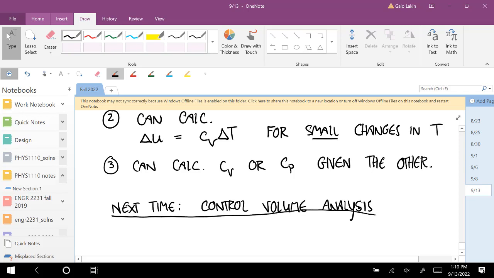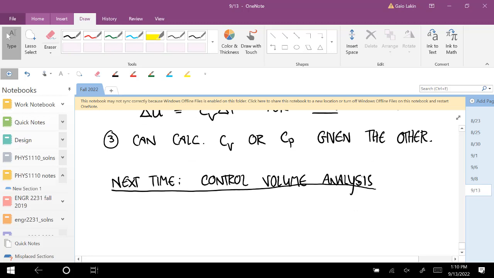And we're going to use 2 laws for this. The first one is conservation of mass. There was no conservation of mass when you're dealing with a fixed mass of material because there's nothing to analyze. It's just the same mass the whole time.